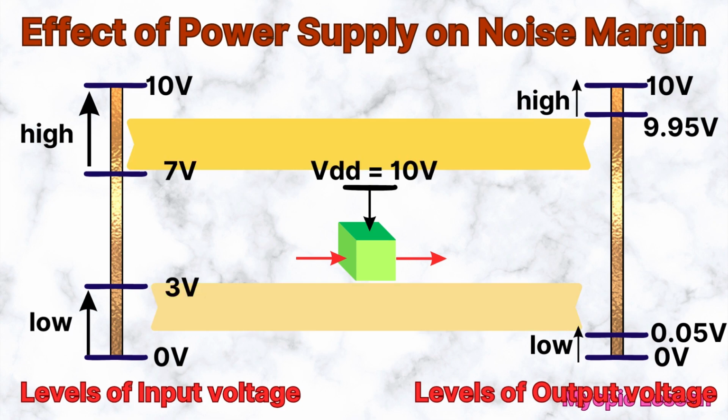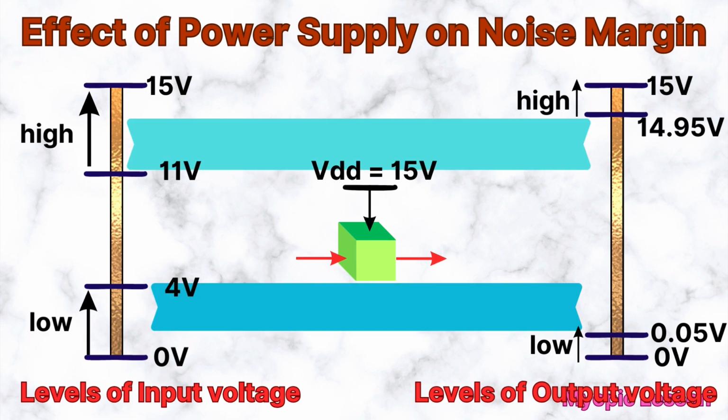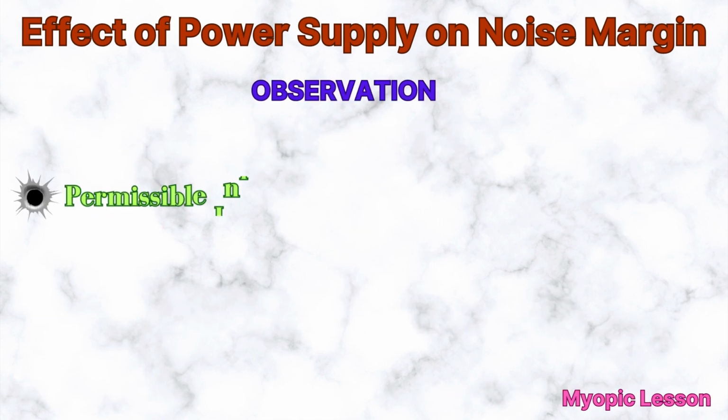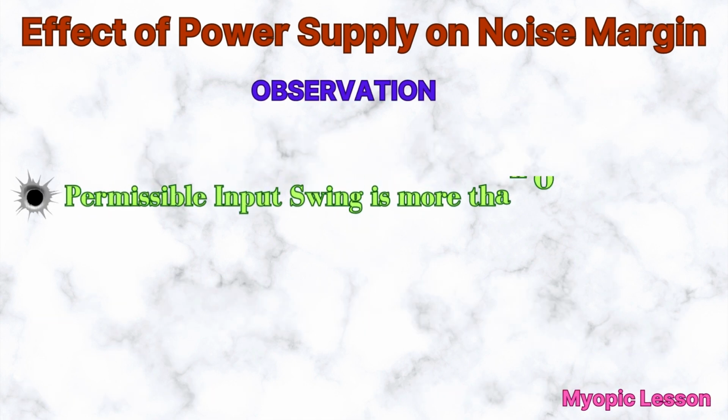When the power supply is 10 volt, the noise margin goes higher to 2.95 volt in each case. In case power supply is enhanced to 15 volt, noise margin is even larger with a value of 3.95 volt. Hence, in all cases, permissible input swing is more than output swing.